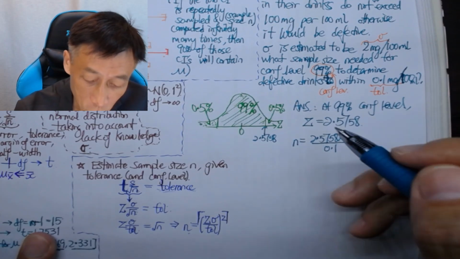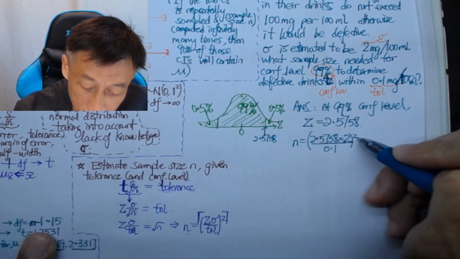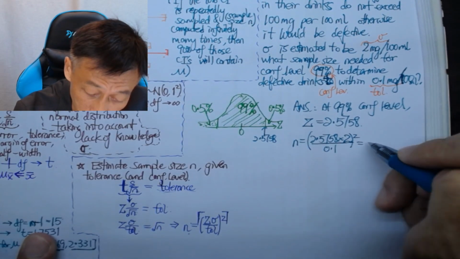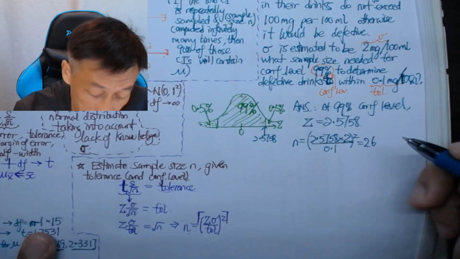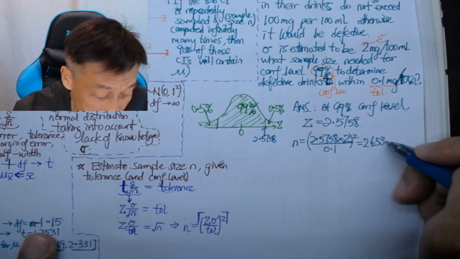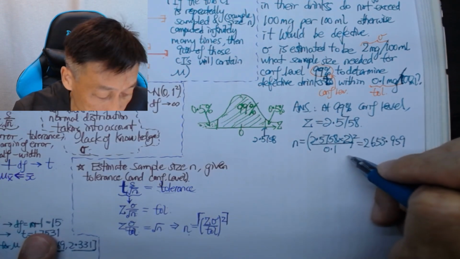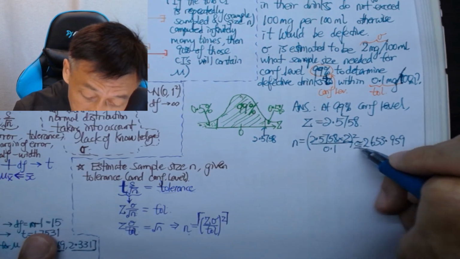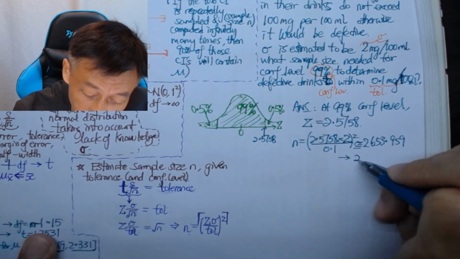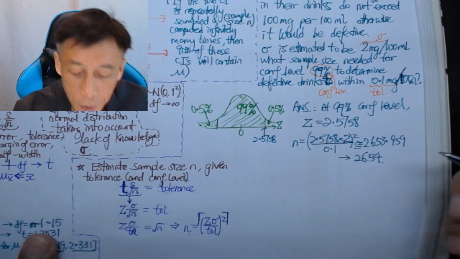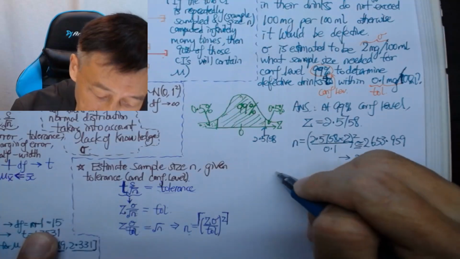So remember the squaring. And so this is going to be, if my calculation is correct, 2653.959. Now this case is clear, we're just going to set it to 2654 as the sample size. So this is the minimum sample size.